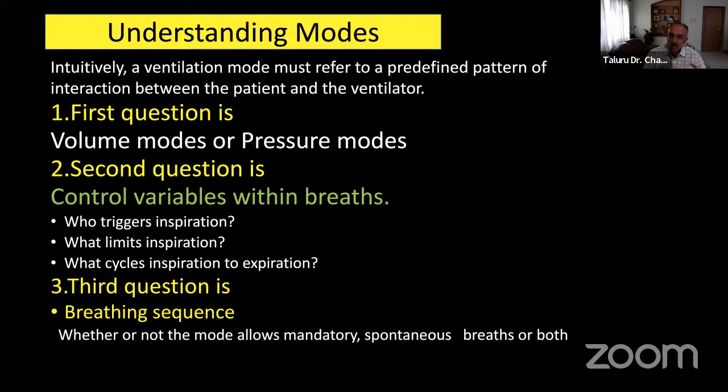So then you will know, oh, this mode has the capacity to produce a mandatory breath, a spontaneous breath, or a pressure supported breath. That is the third question you have to answer. If you answer these three questions, you will understand the basic modes. Then get into the targeting system. Once you understand the targeting system, all the advanced modes are answered. All the advanced modes are based on pressure control and pressure support. This is what you have to understand.